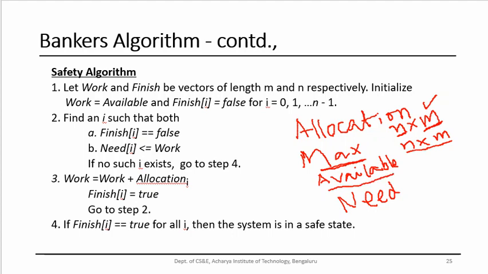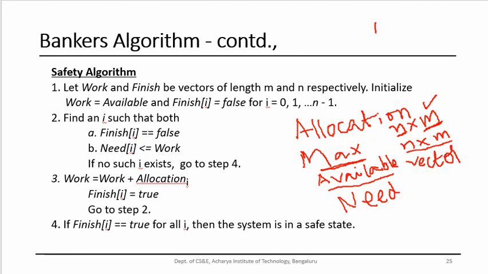Available is, after allocating the resources to the processes, how many instances of different types of resources are available. So this is a vector, this is not a matrix.